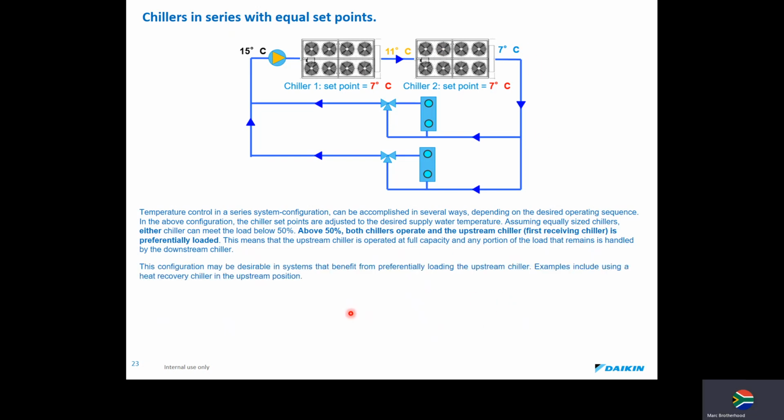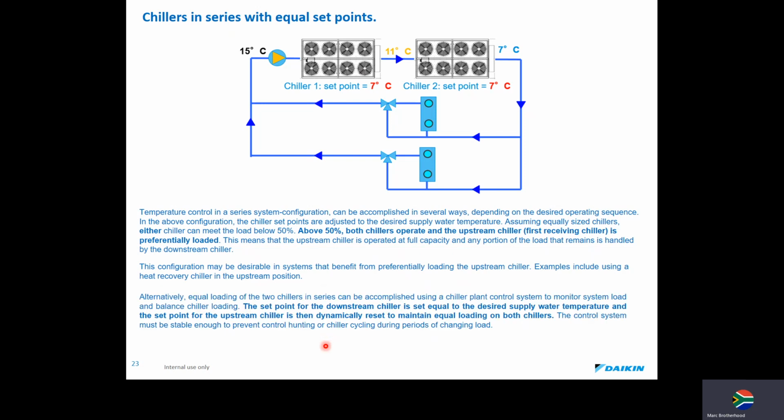This configuration, where would we use it? Well, it can be desirable in systems that benefit from preferentially loading the upstream chiller. Examples include using a heat recovery chiller in the upstream position. Alternatively, equal loading of the 2 chillers in series can be accomplished using a chiller plant control system to monitor system load and balance chiller loading.